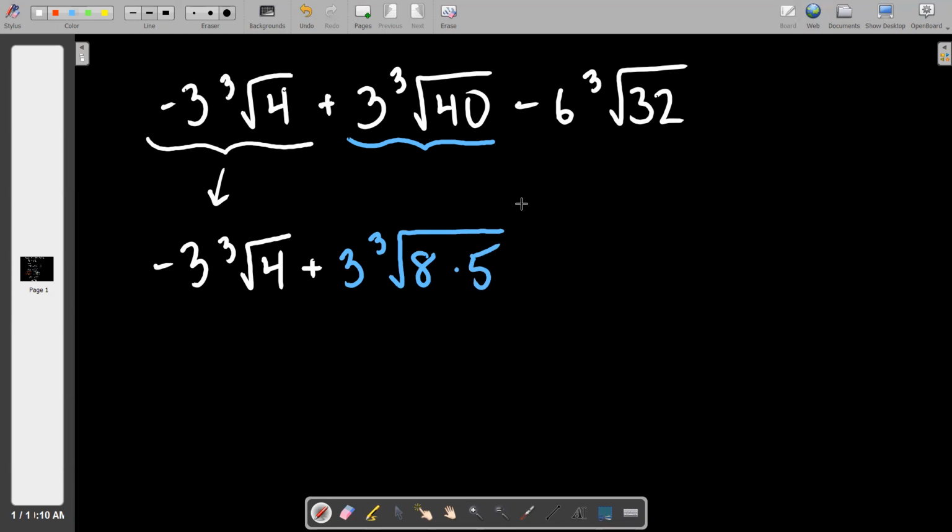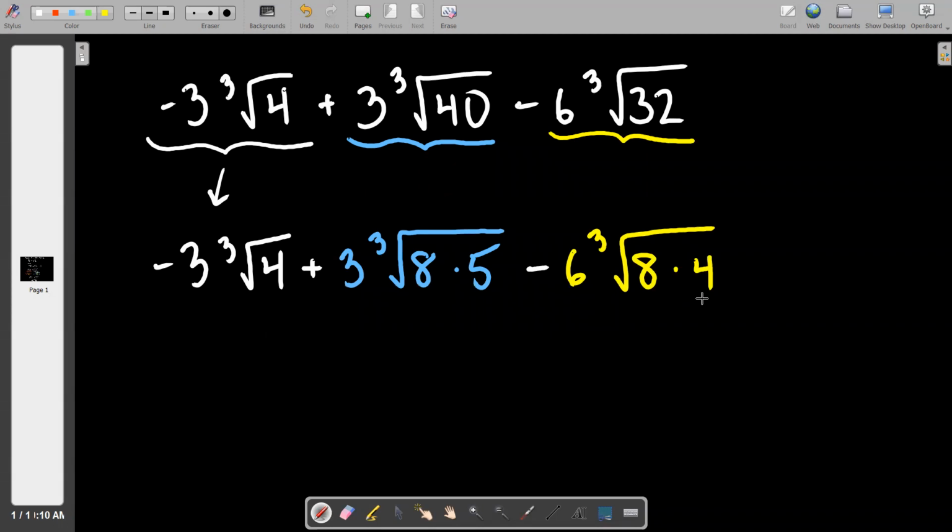Then I'm going to copy down my minus sign, and I've also got this one, I'll underline it in yellow. Inside the root, what can we do with the 32? 8 times 4, right? So we're going to have minus 6 times the cube root of 8 times 4.